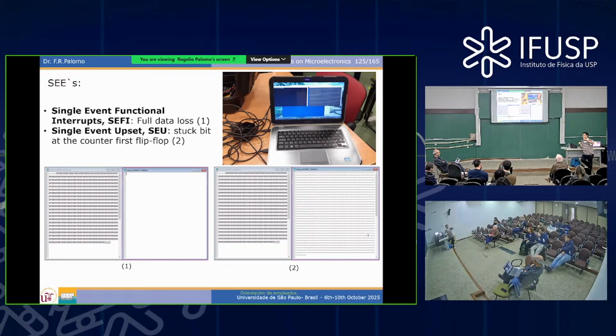But the problem was not with the M9K memory cells built in the device, but with the standard flip-flops you use for finite state machines, or in that particular case, for implementing a RAM with those flip-flops. Those were the sensitive elements in the FPGA.